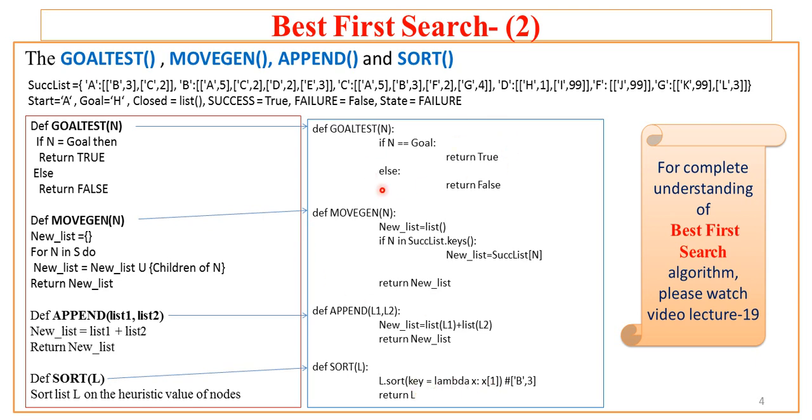For a better understanding of these logical things and the internal operations of best first search, I recommend you watch video lecture 19 for a complete understanding of the best first search algorithm. So please watch video lecture 19.